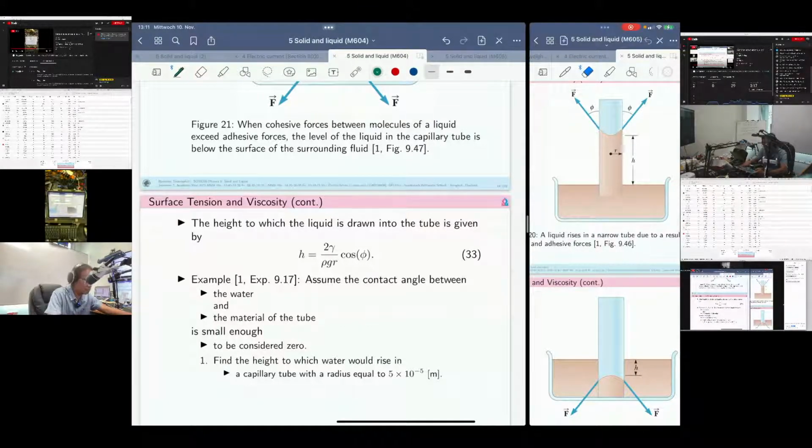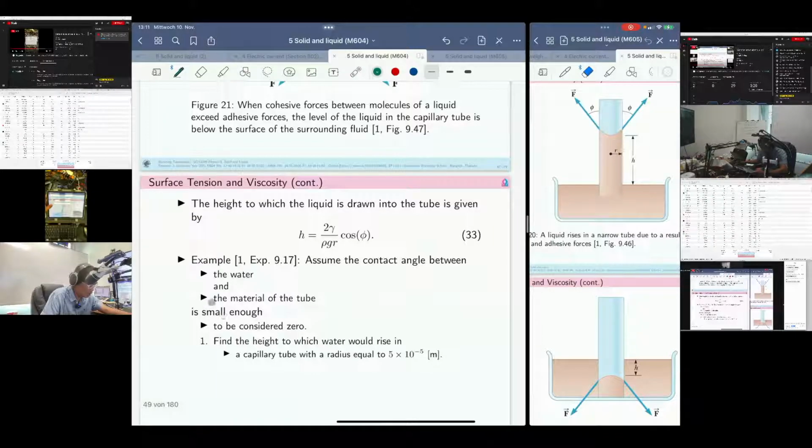Okay, assume the contact angle between the water and the material. So they consider the water, right? Our substance is water, so it should be this case. The level of liquid inside the capillary tube is higher than the level of the liquid in the big container.